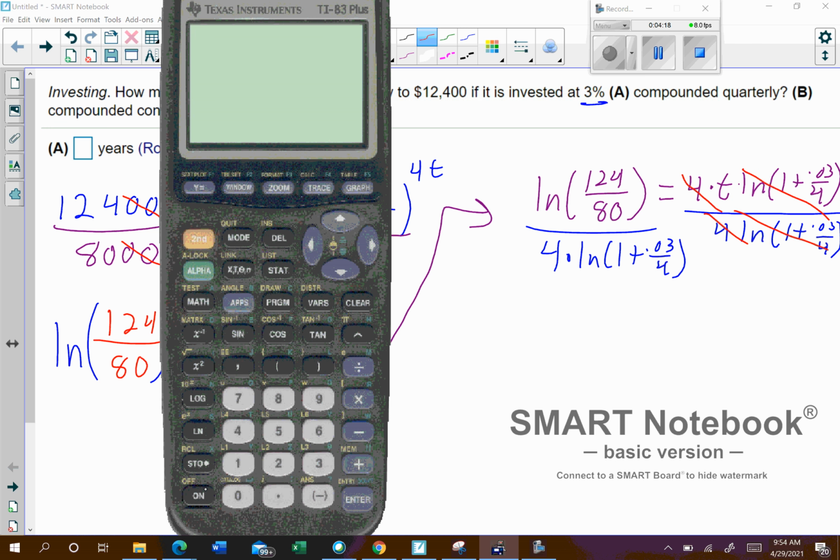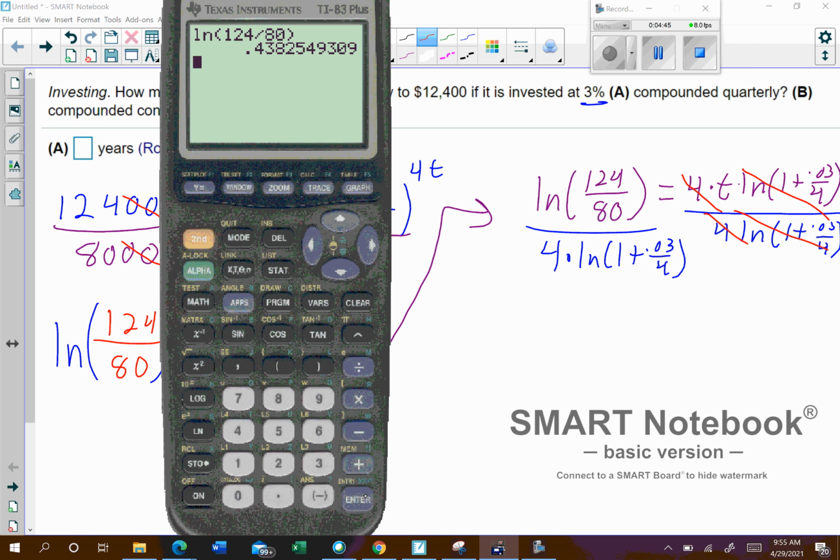So I'm going to go ahead and figure out what the natural log of 124 divided by 80 is. On the one you sent me, you could do your log or natural log. It doesn't matter. I picked natural log. I could have picked log, by the way. But you could do the numerator separately, and you get that answer right there. So I get that result.